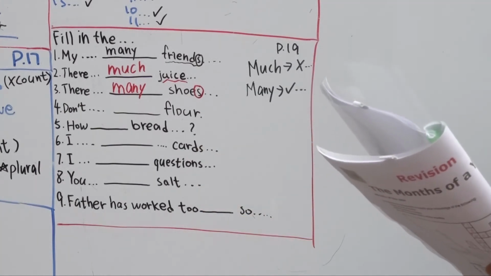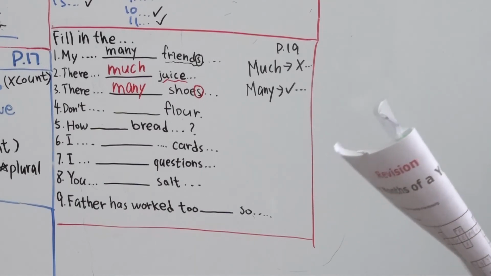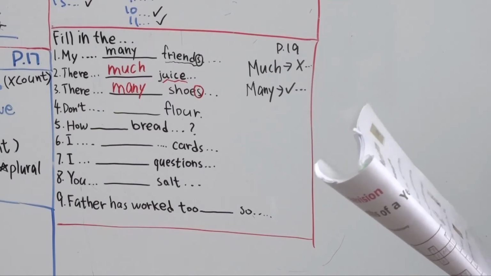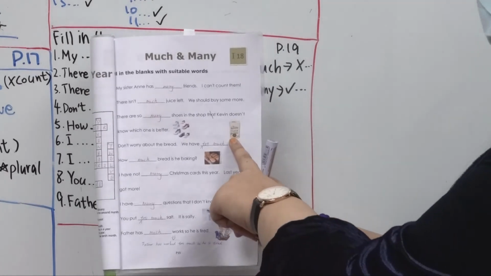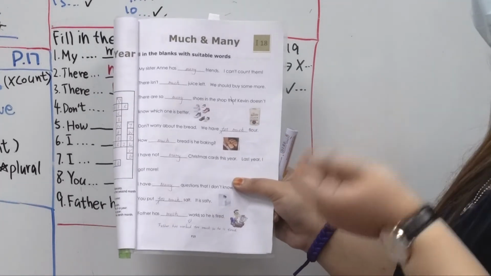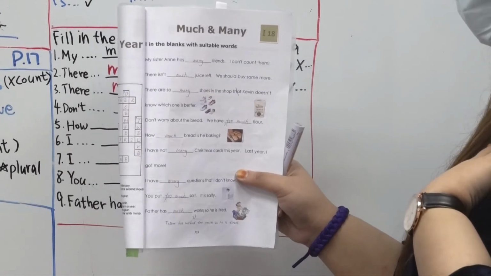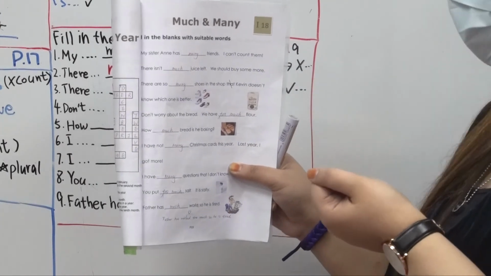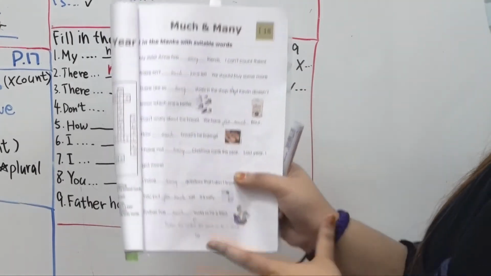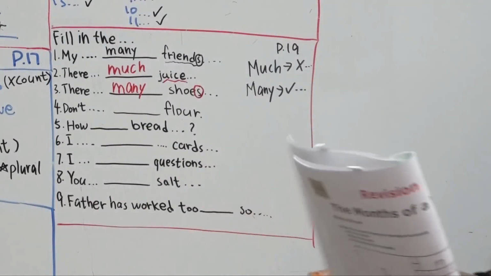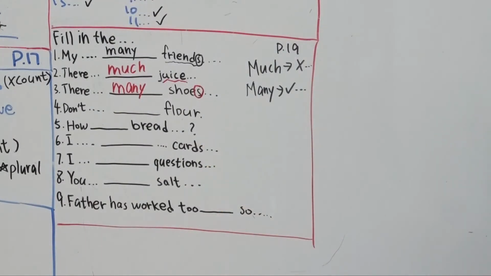Don't worry about the bread. We have to what flour? This is a picture of flour. So basically we can use flour to make bread. We can use flour to bake a cake, all right? Basically, they are powder, a bunch of powder, all right? So we cannot count them, okay?